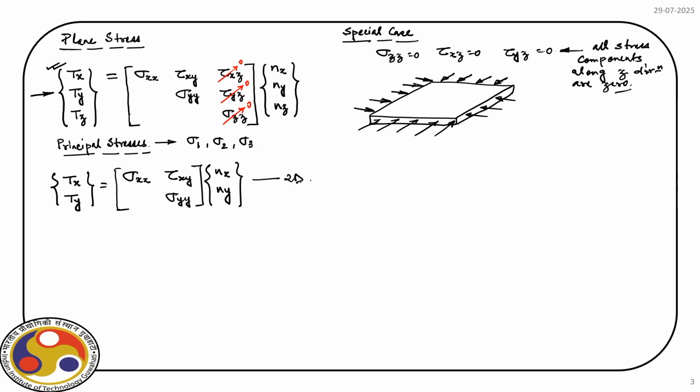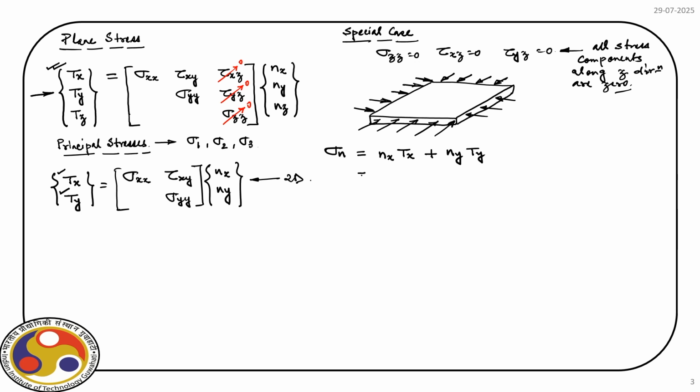Now, if we start with this expression and then obviously we have sigma n in terms of Tx and Ty. So, we can easily write Nx times Tx plus Ny times Ty plus Nz times Tz, but because we have no z component obviously we can neglect the third term, and this is the expression for sigma n. In this expression we can put the expression of Tx and Ty.